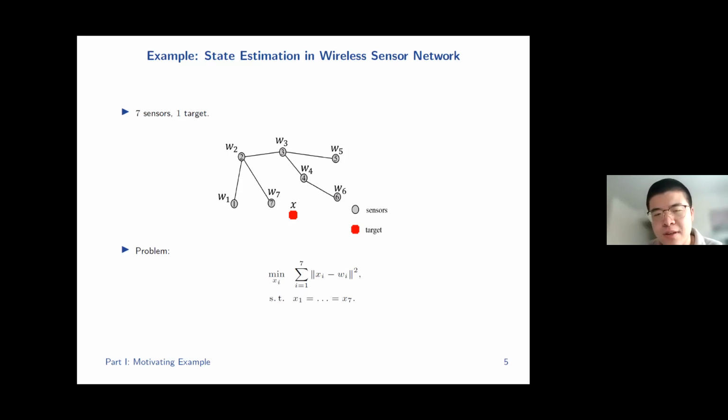However, if we choose the average of all the wi's as the estimation of x, then the accuracy will be improved. The average of all the wi's can be solved from this optimization problem. This problem is also one of the most classical problems in distributed optimization.